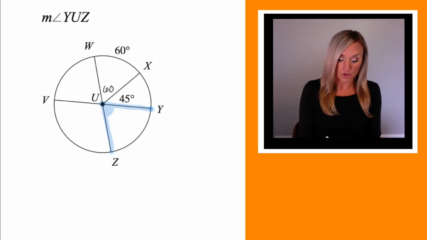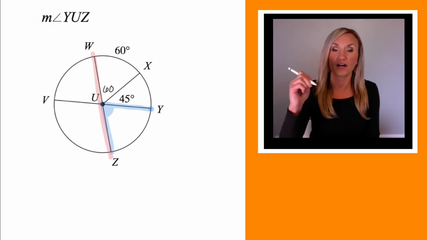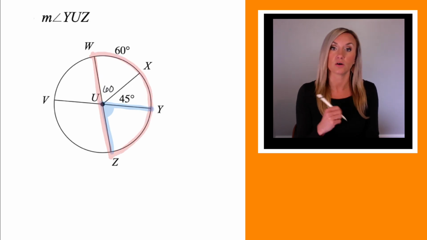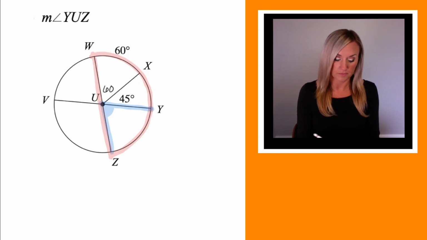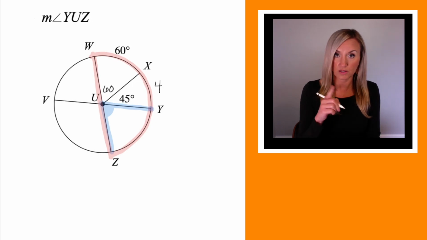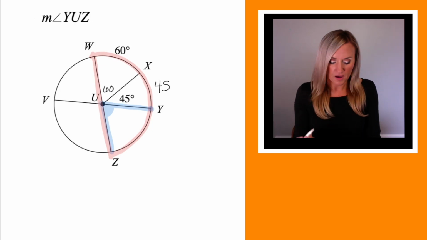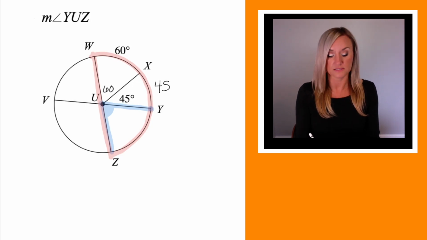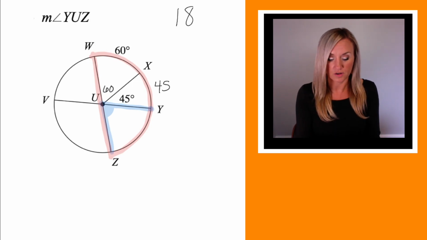We also know that we have a diameter, and diameters are really important to find because then you know that this arc right here is 180 degrees, which is extremely helpful in this problem because we want to find the central angle that's in blue. I'm just filling this arc out just because you guys know that's what I do. But that will be very helpful because if we find what YZ is, that arc, that will also give us our central angle.